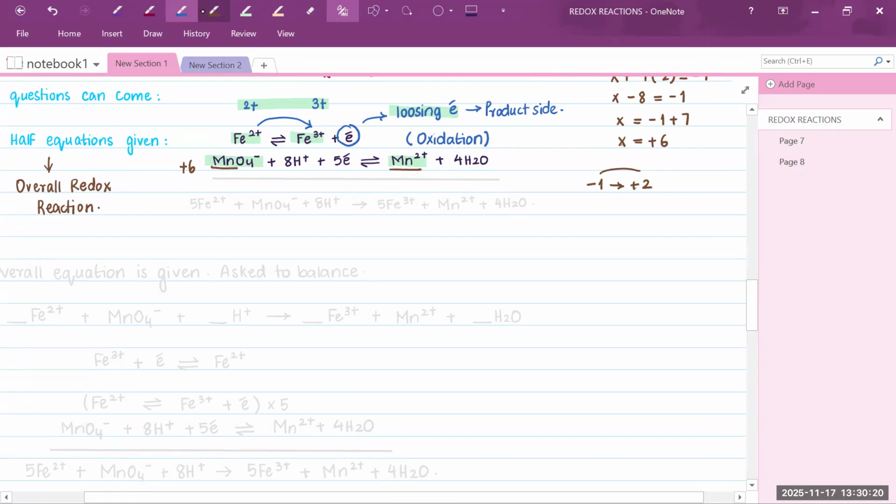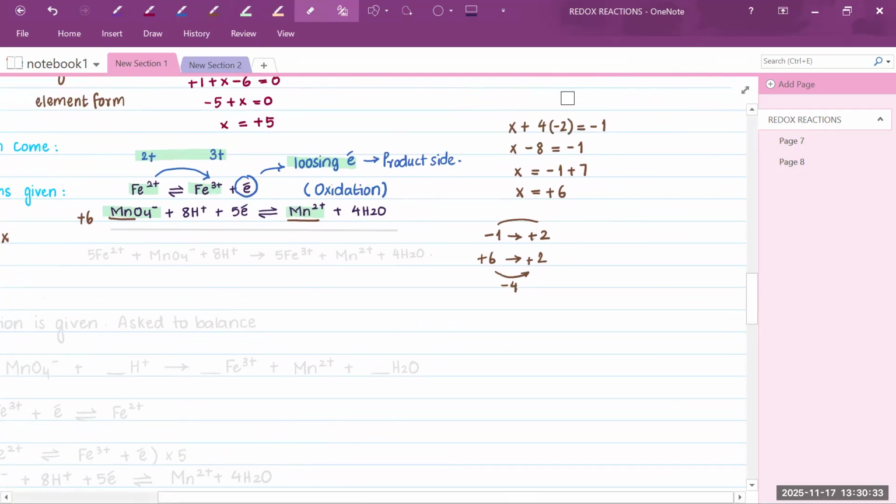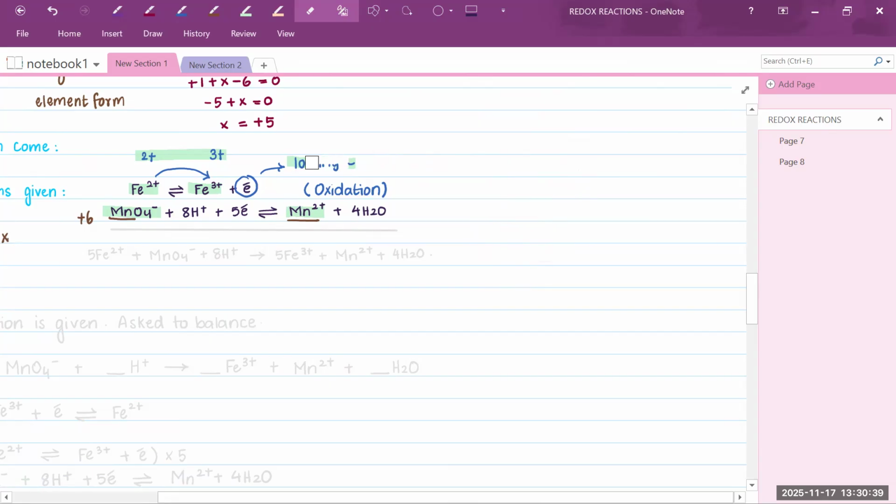The actual manganese is going from +6 to +2. That is a decrease of 4 in oxidation number. So this is reduction, right? I'll just clear this so that I have some space.